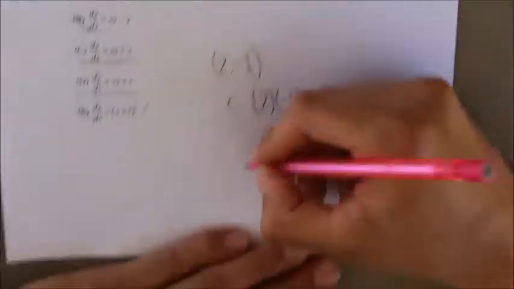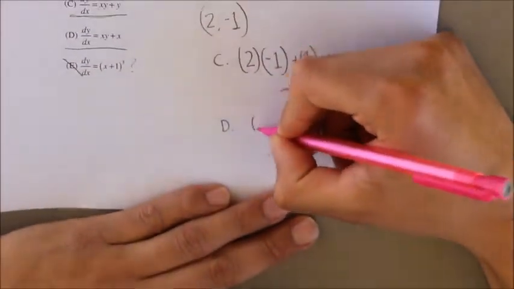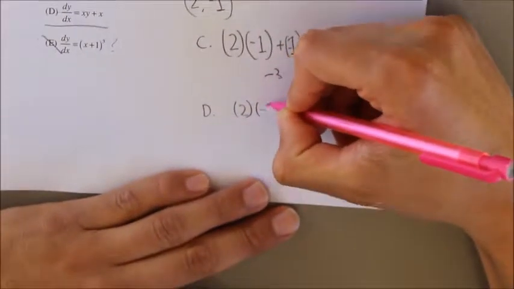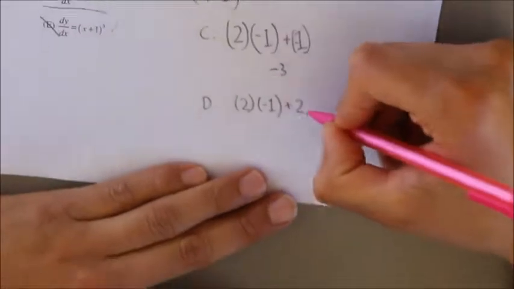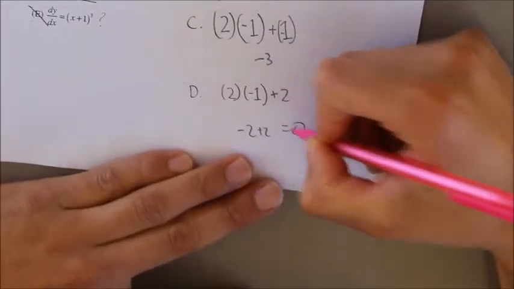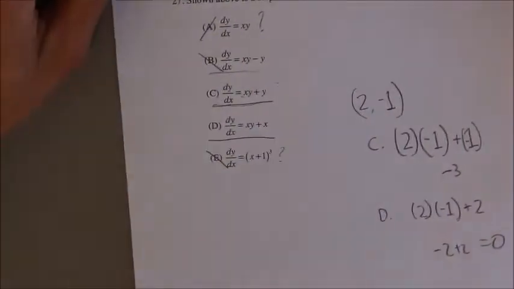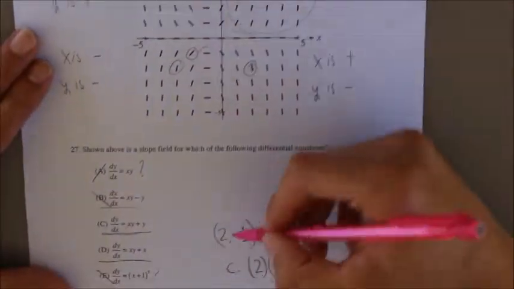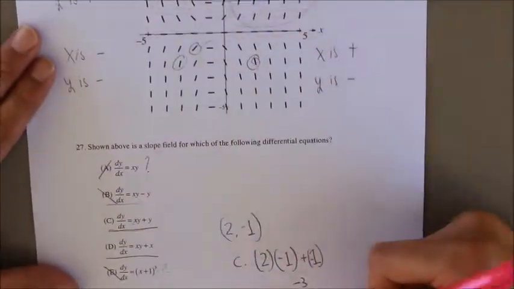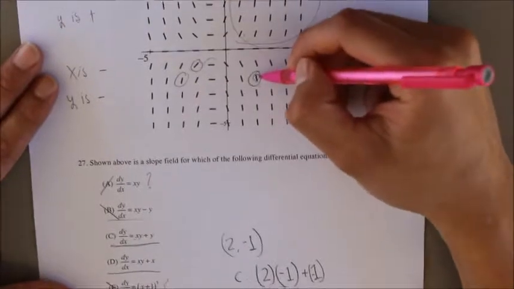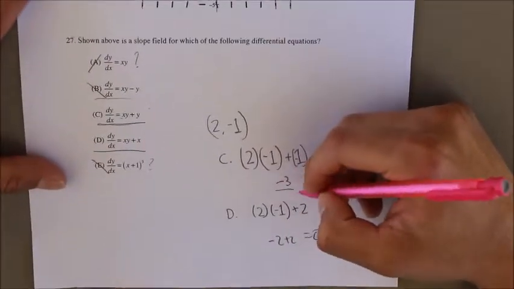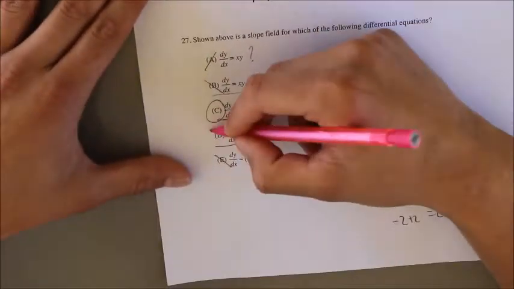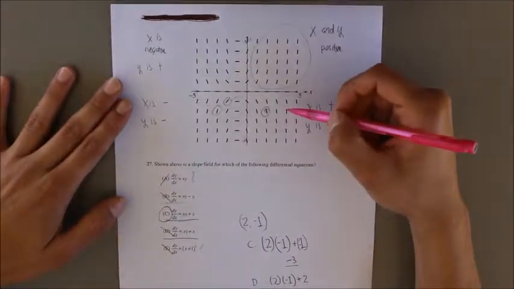But when you use D, you get 2 times -1, which is -2, plus 2, which gives you 0. That proves D will not work at this point, because you would have a horizontal tangent, and the slope field indicates a negative slope. So C is your final answer.